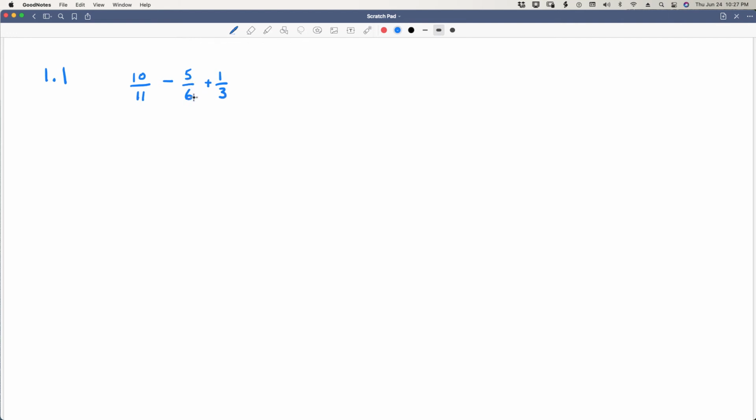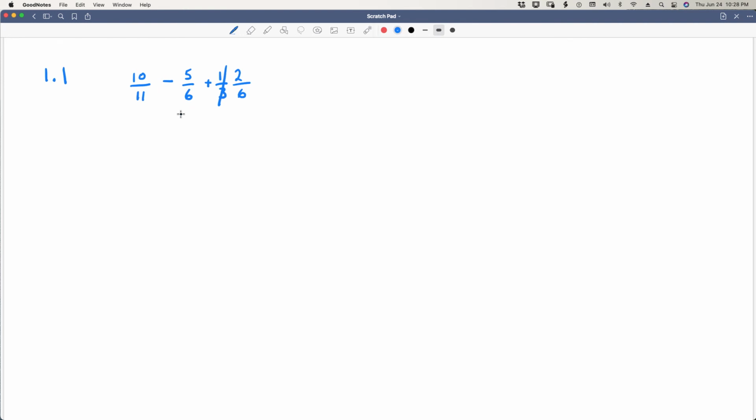But we cannot reduce this because this is a prime number. So what we want to do instead is take the other factor of 6, which is 2, and multiply it times this fraction. And then we end up with 2/6, because 2 times 1 is 2 and 2 times 3 is 6. Now we have a common denominator between these two fractions.